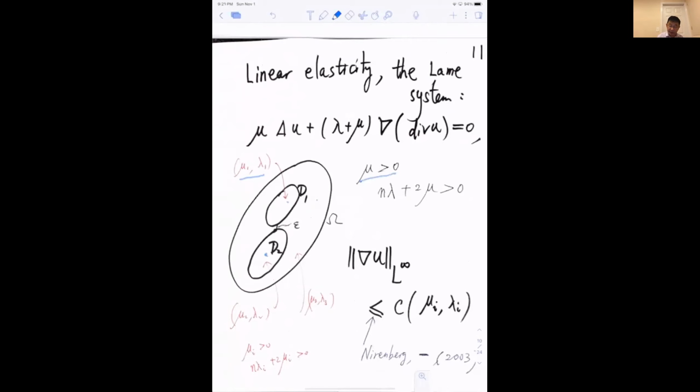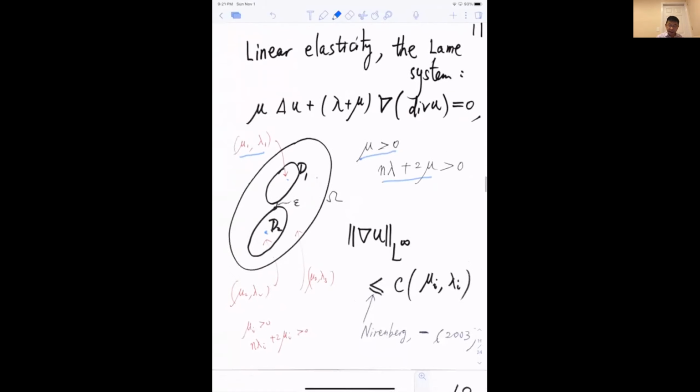So this is the ellipticity somehow. Keep it in the right range. So in that case, the L infinity norm is under control. It depends on these mu i and lambda i. So that's the earlier work mentioned with Nirenberg.